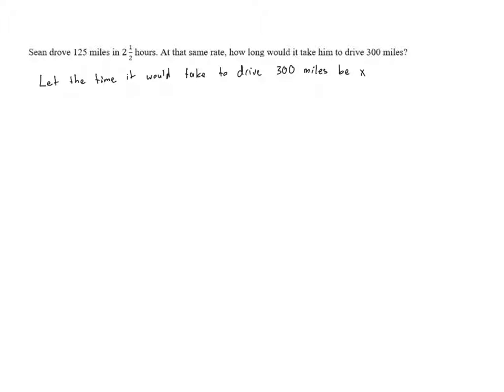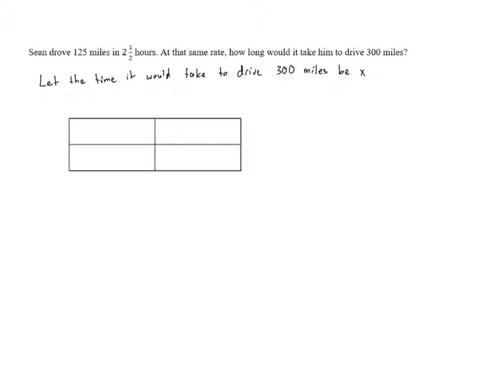Now we're going to start with a table to organize our information. Now we're told Sean drove 125 miles in 2.5 hours, so the different quantities in this problem are distance, which is measured in miles, and then time, which is measured in hours.